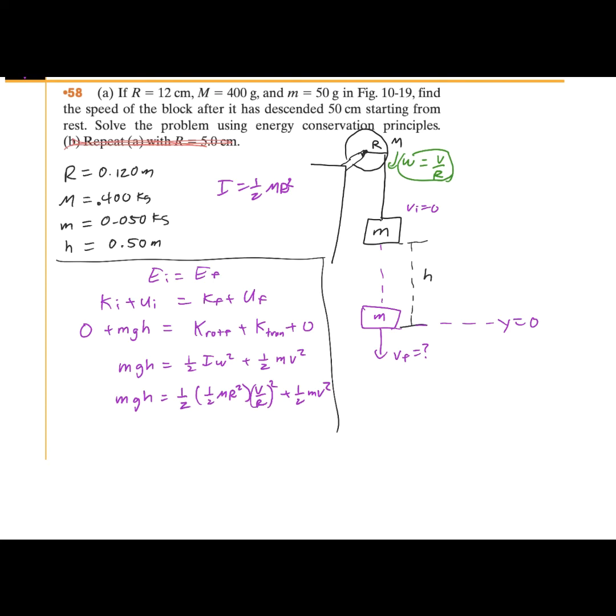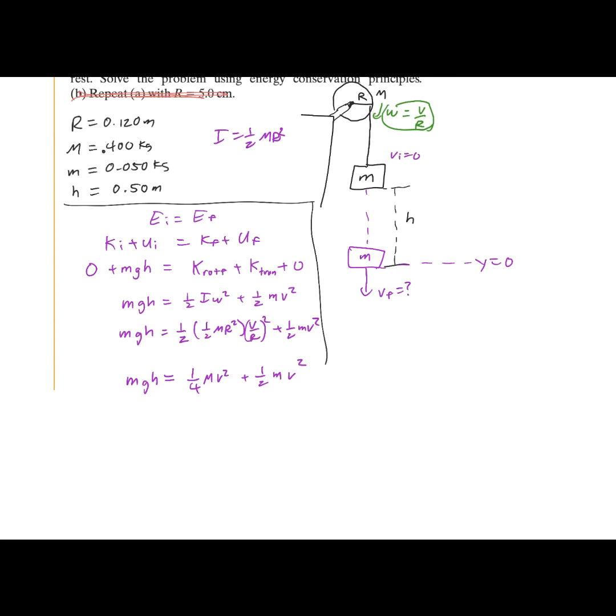And I do a little simplification. I end up with mgh equals 1/4 mv squared plus 1/2 mv squared. Solve for v. Let's see.